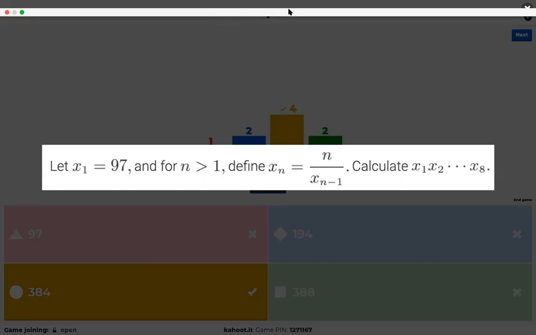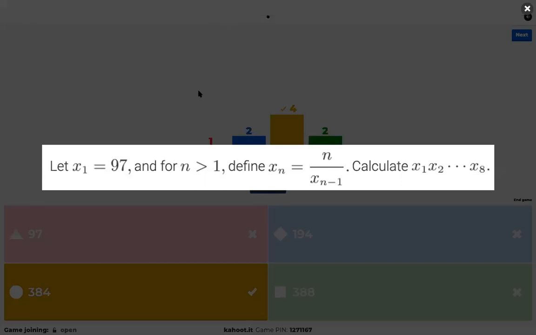All right, so the neat thing about this is that we don't actually need to care that the first term is 97.